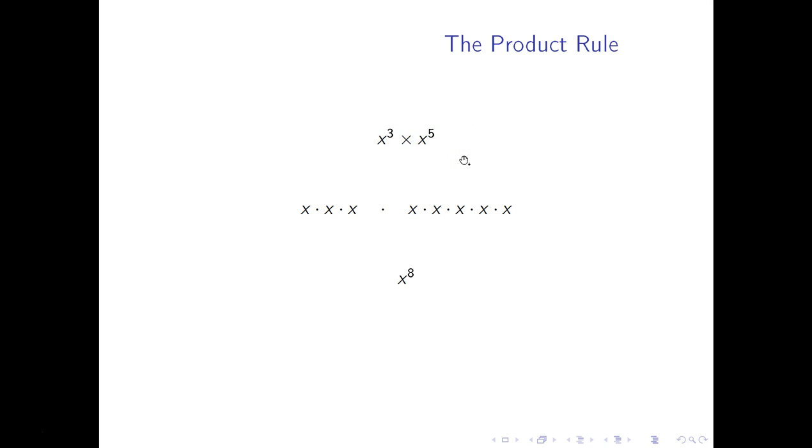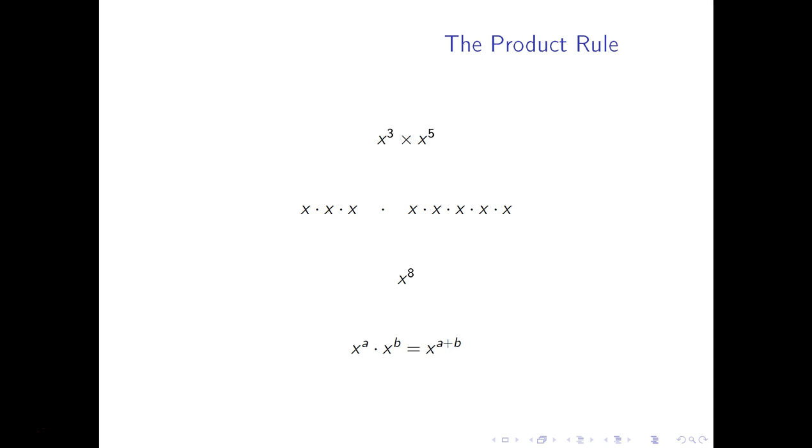It's 8, which leads us to what the rule is. The rule is if I have x or anything to a power times the same thing to a different power, or just to any other power, in fact, they could be both the same powers, all I'm going to do is add the exponents. So if it's multiplication of the same bases, you add exponents.